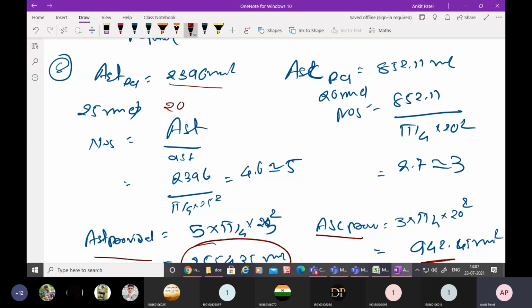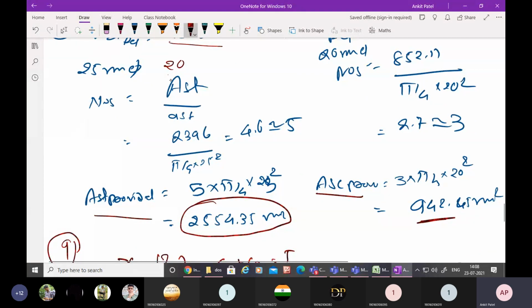What is happening when we are using the 20 mm diameter? 2396 divided by 314.15 is 7.62, so 8 into 314.15.